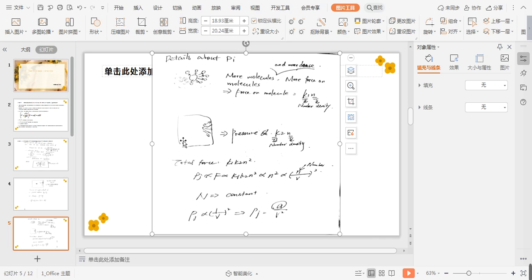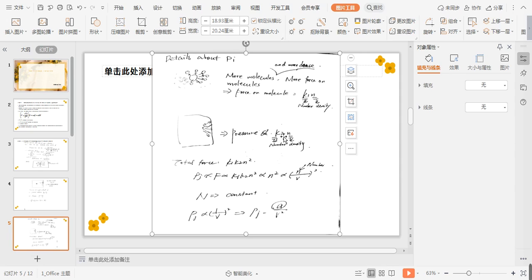And in this diagram, you can see that there are several molecules which give pressure on the wall, and we know if the molecules are denser, the pressure will increase.